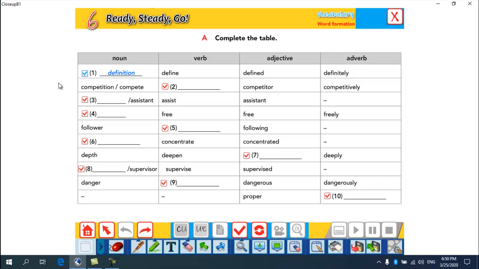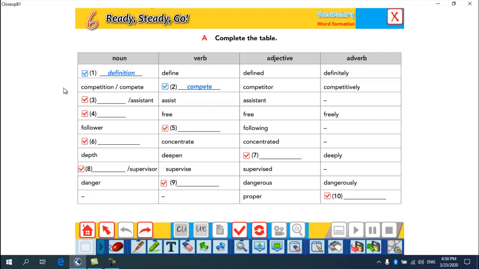Let's move to another word. The word competition or compete as a noun. Competitor is the adjective from it, and competitively is the adverb. What do you guess the verb is? Exactly, compete also. So I have compete as a verb and compete as a noun.